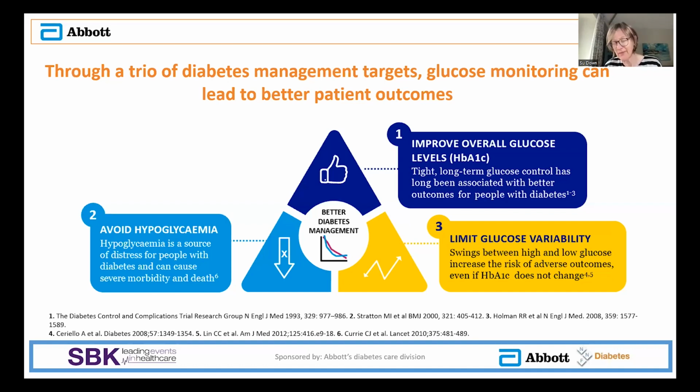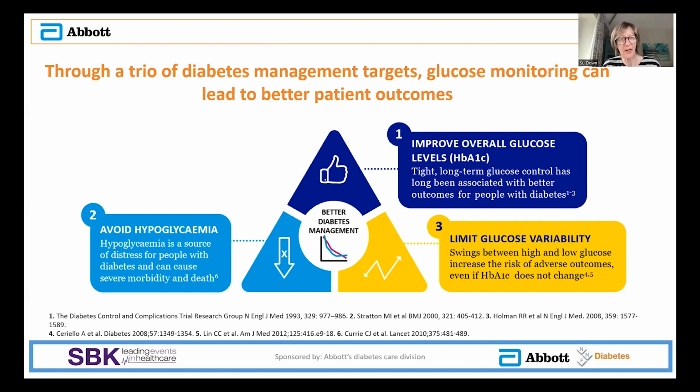There is so much evidence around fear of hypoglycemia. If people are experiencing repeated hypoglycemia, they will take very evasive action to prevent it happening again, none of which helps us achieve their overall target, because they want to drive their glucose higher to avoid this hypoglycemia.